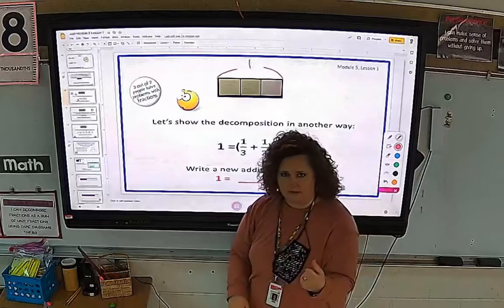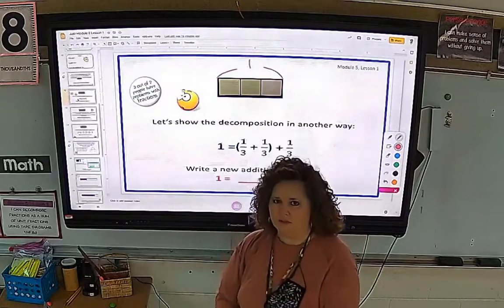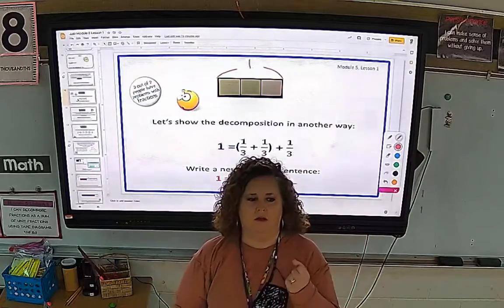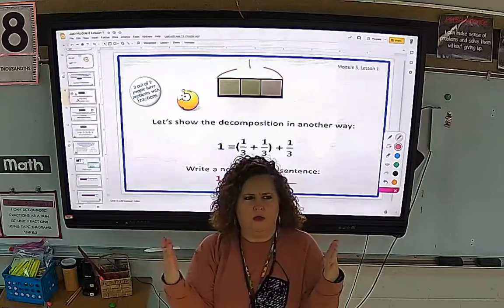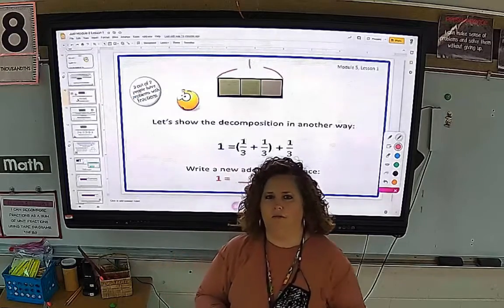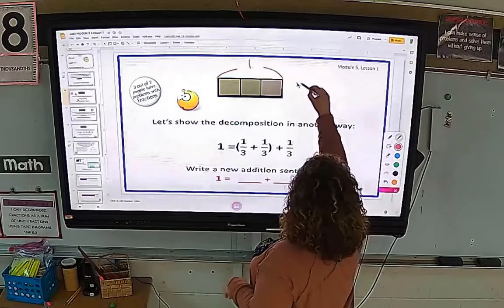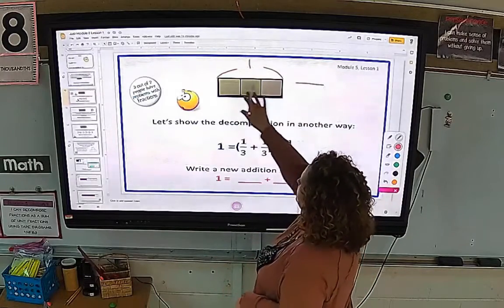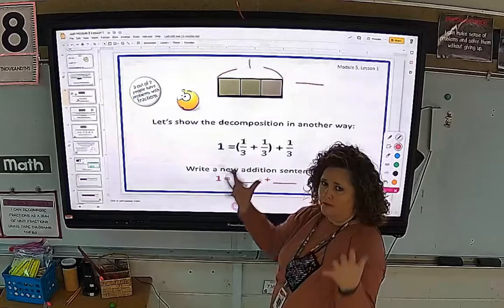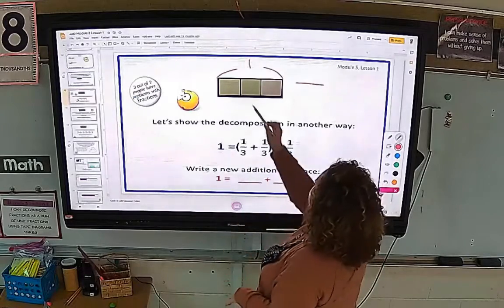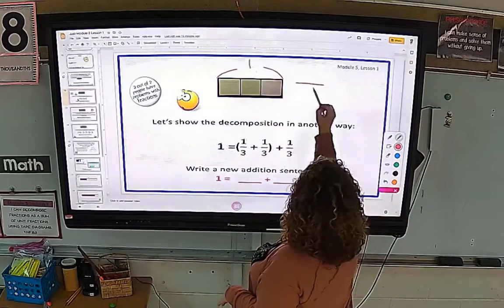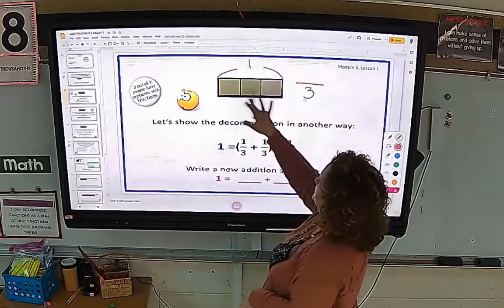So it's important for this lesson and several other lessons that we get the fact that if that's one whole, I can figure out my denominator by counting up the total number of pieces. Because remember, our denominator is the total number of pieces in the whole. So this one whole has 3 pieces in it.